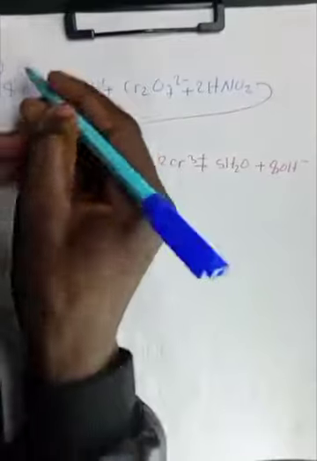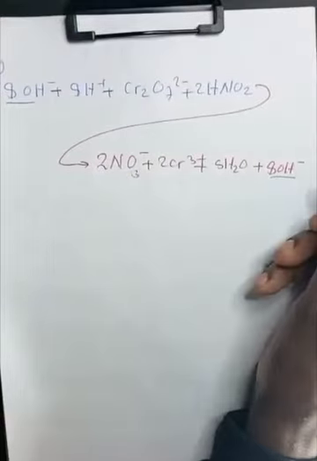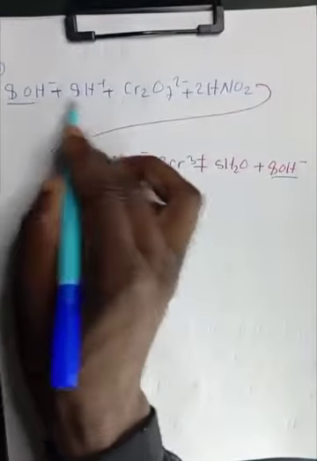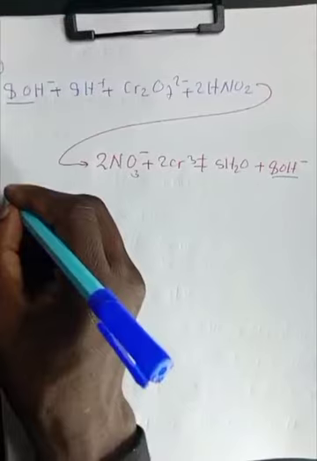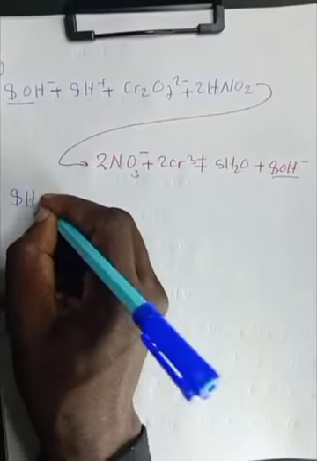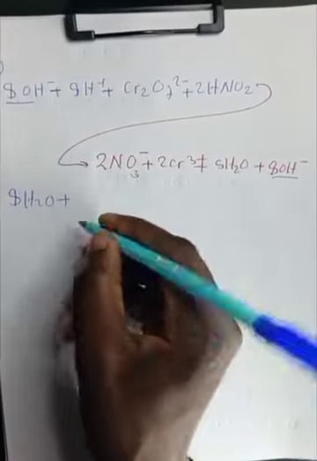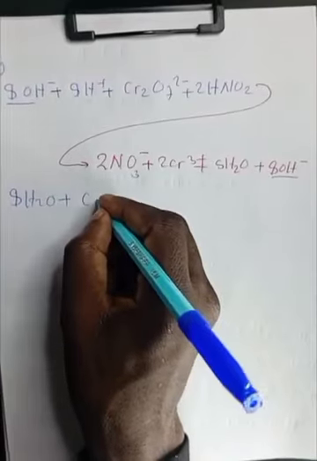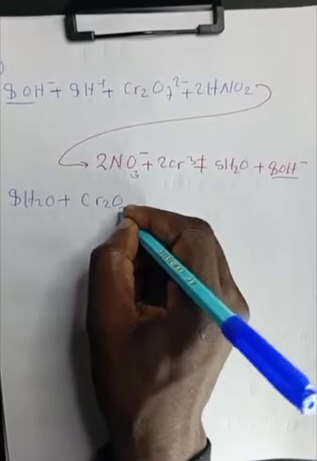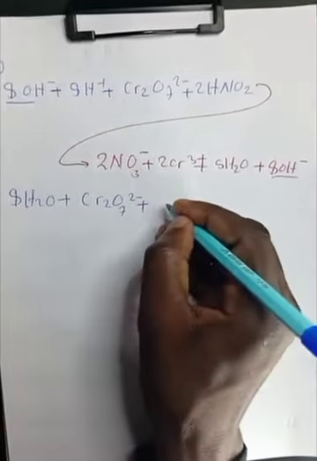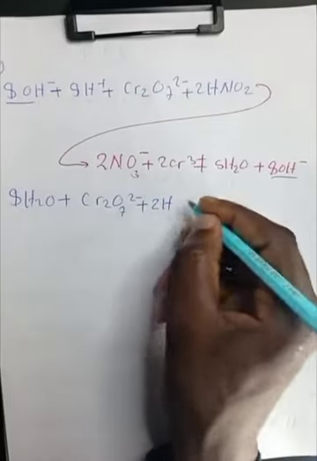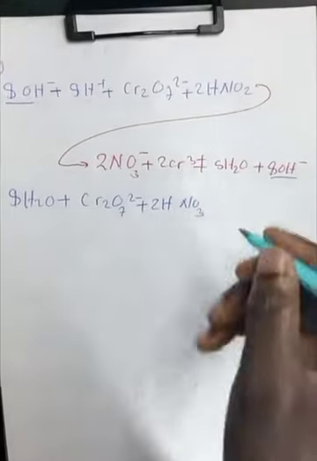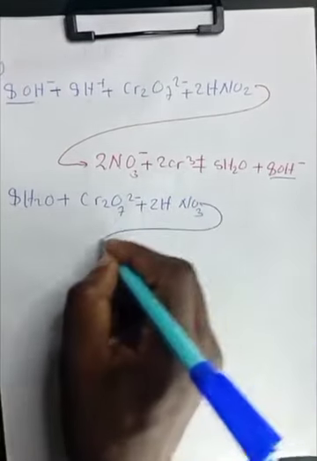So we have added hydroxide ion to both sides, but we know that water will be formed here. So when water is formed, we get 8H2O plus Cr2O7 2 minus, then plus 2HNO2. Because of space, we'll do this.